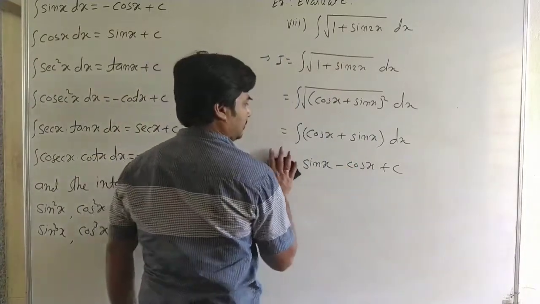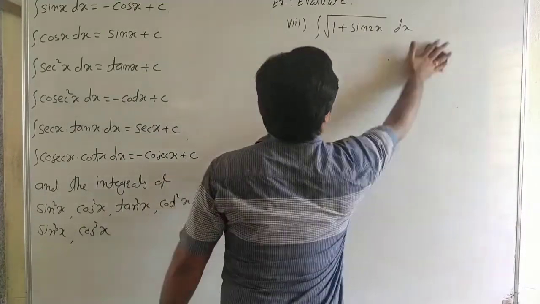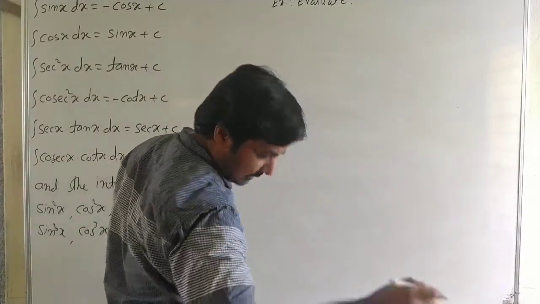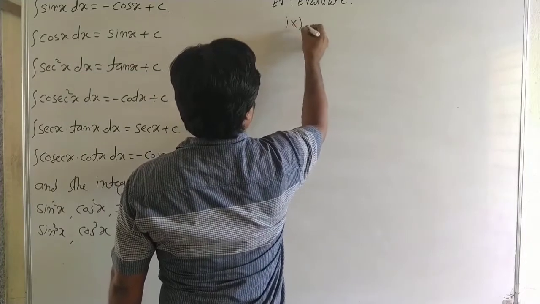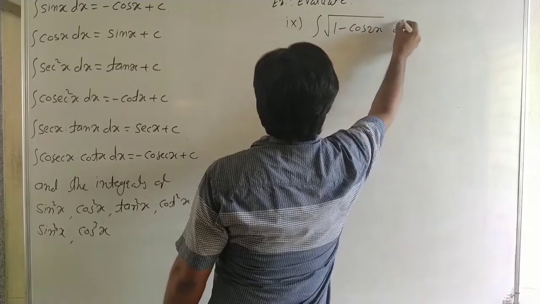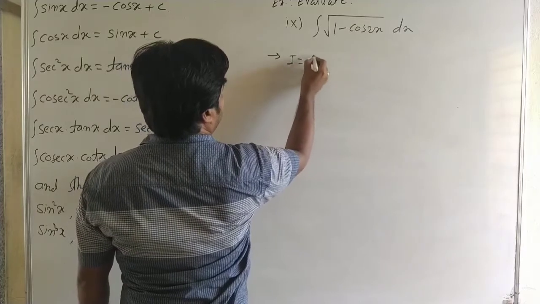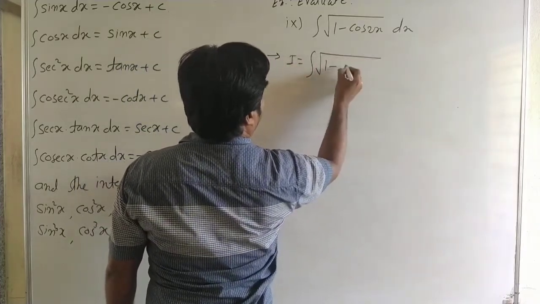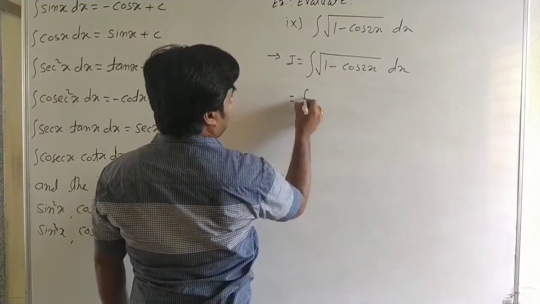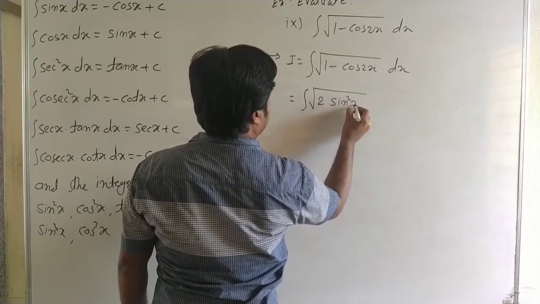Next, the ninth example: integral of under root 1 minus cos 2x dx. Again here we use the formula for 1 minus cos 2x. It becomes integral of under root 2 sin square x dx.